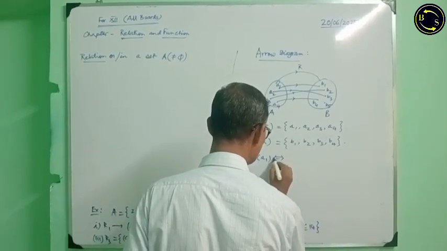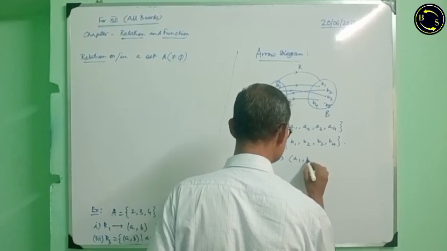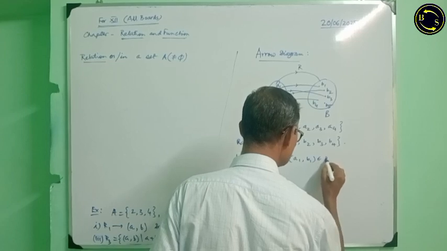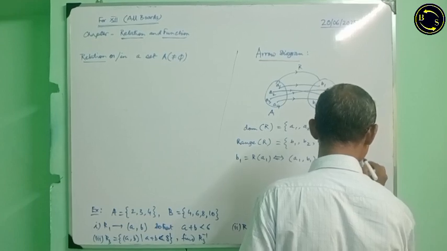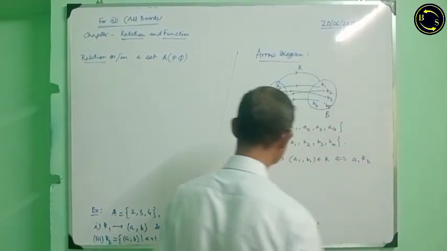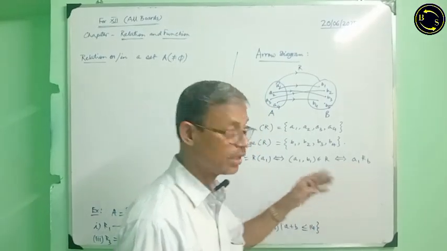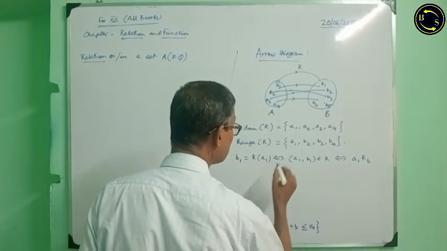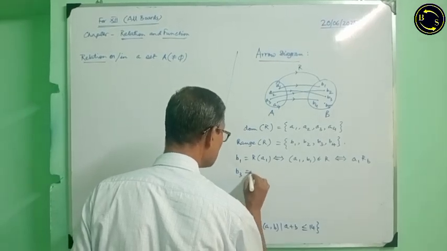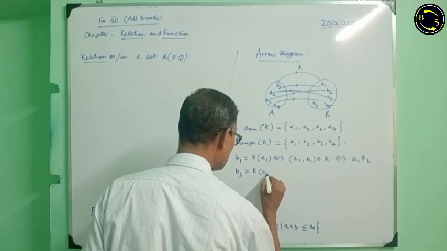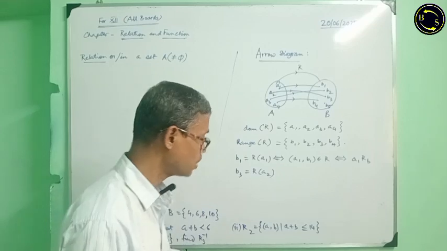Also, by this symbol, these three represent the same thing, and in case of say B3, also we can represent similar notations.